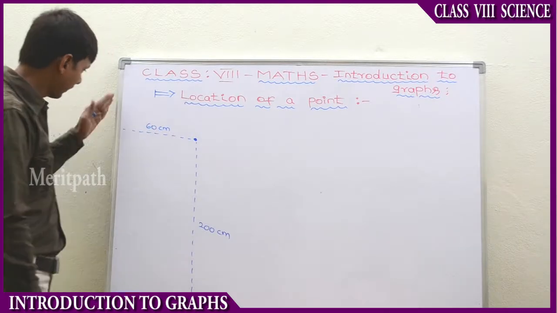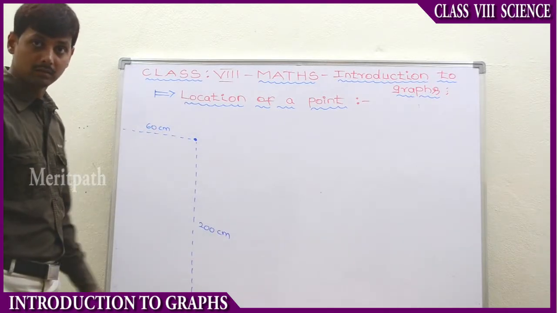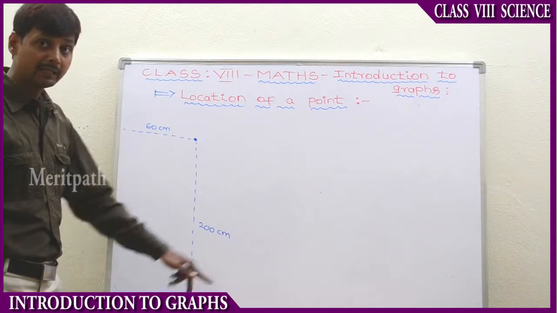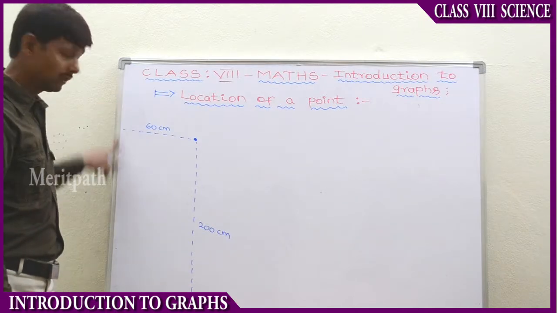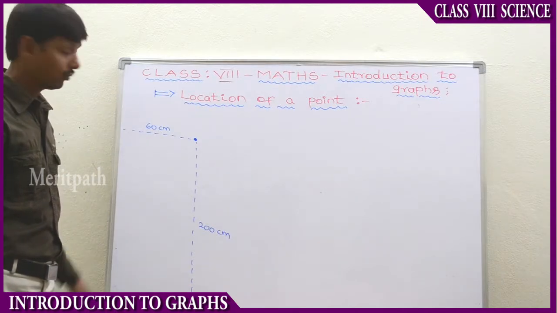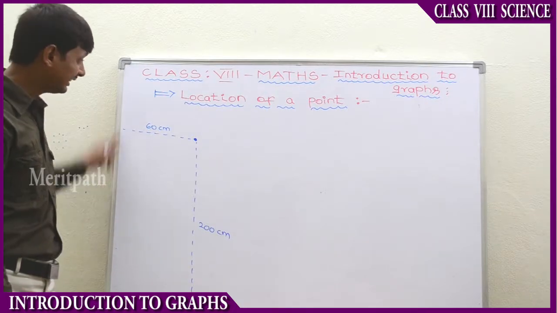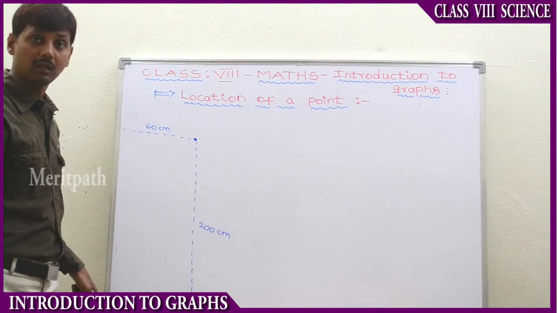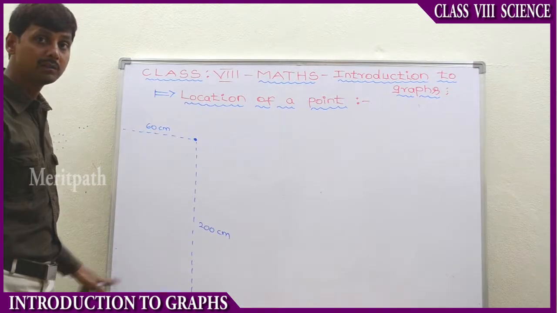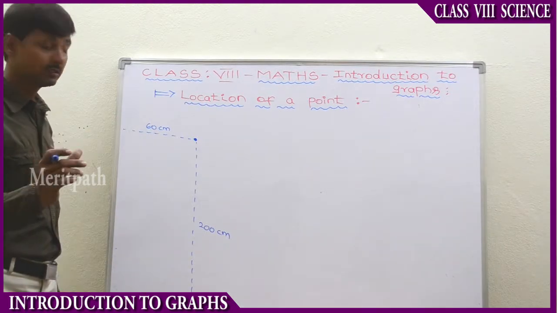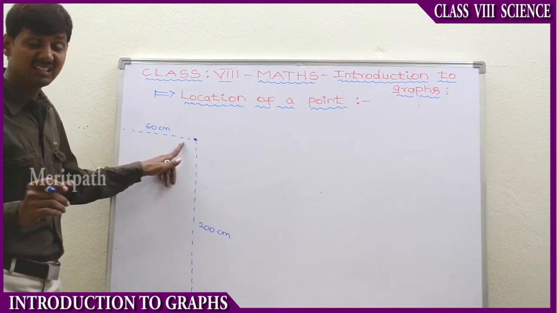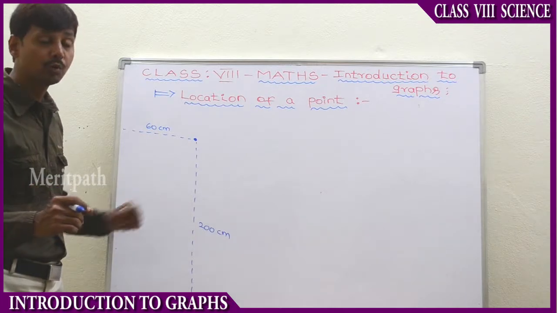So by taking the base of the vertical line and horizontal line, like we have taken this vertical edge and the bottom, by taking the base of both, we measure this point. From the left side it is 60 centimeters, from the bottom it is 200 centimeters.